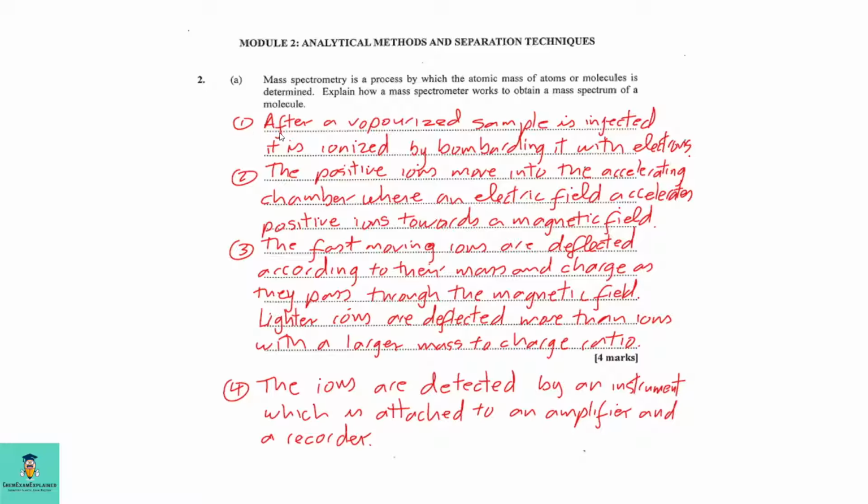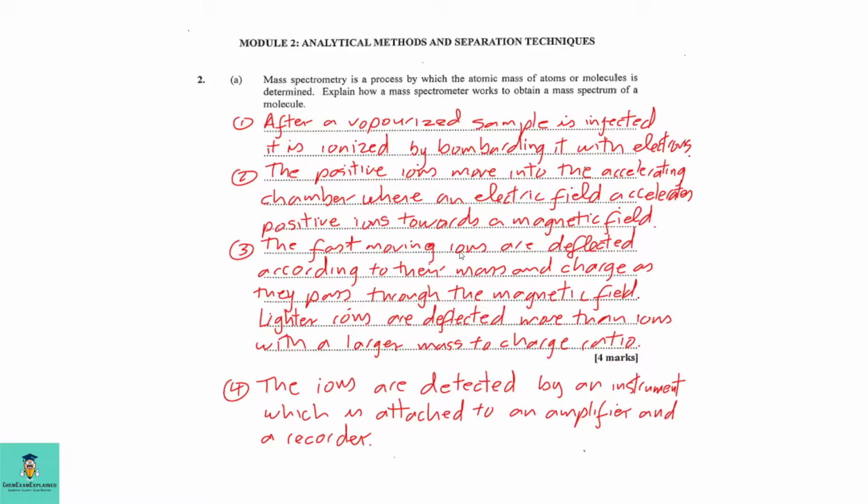1. After a vaporized sample is injected, it is ionized by bombarding it with electrons. 2. The positive ions move into the accelerating chamber, where an electric field accelerates positive ions towards a magnetic field. 3.